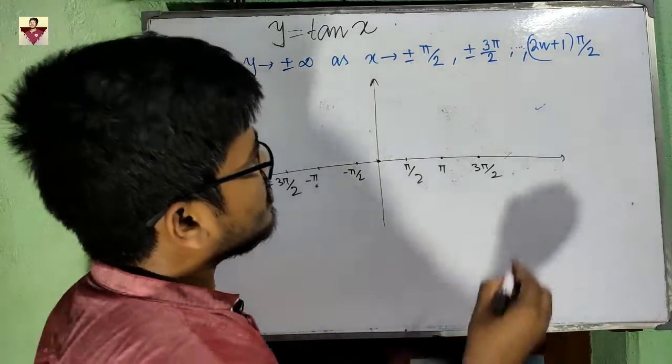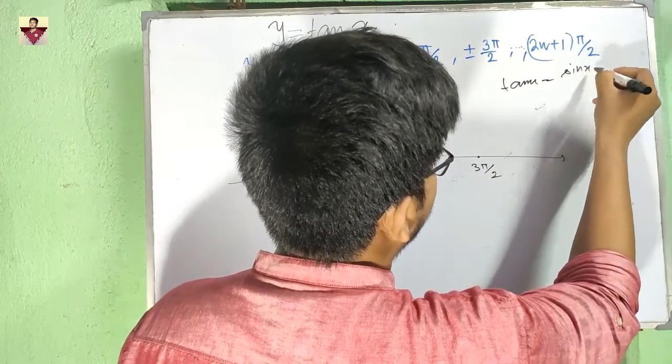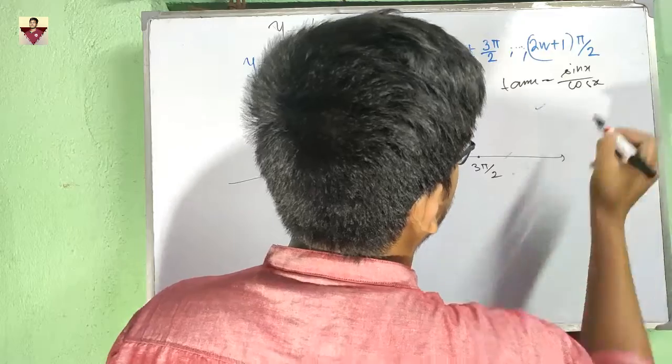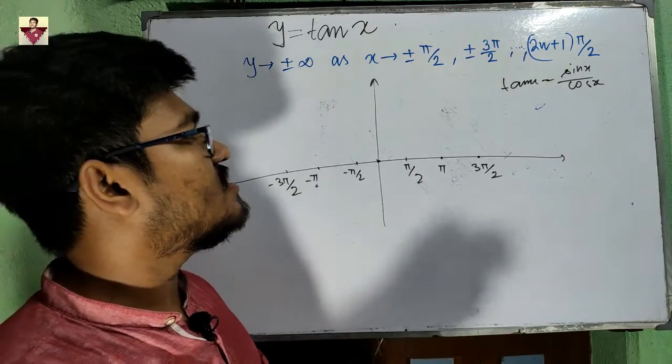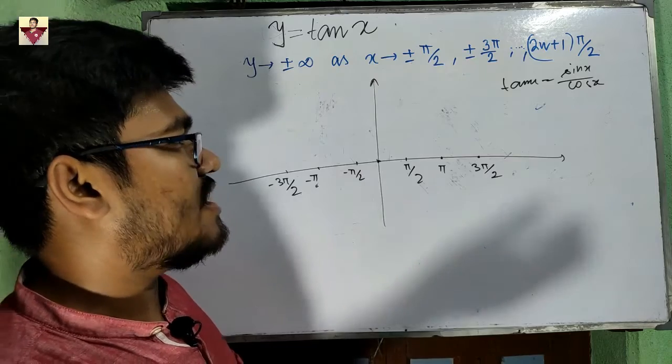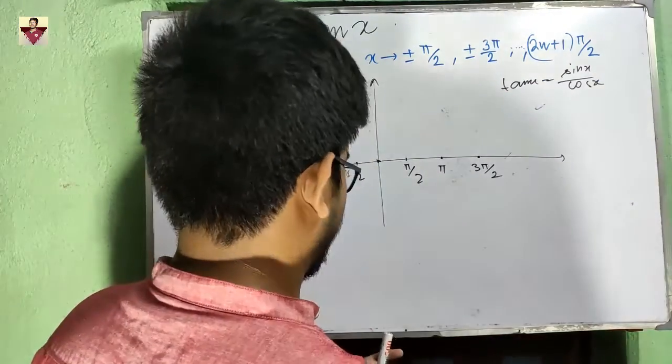As you can see, tan x means sin x by cos x. So for x equal to pi by 2, that is 90 degrees, tan x will diverge as cos pi by 2 is 0. So the function will be like this.